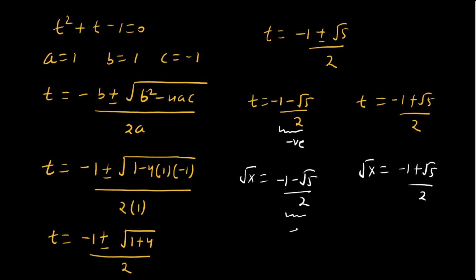Right hand side is negative, and we know that x is a positive number and the square root of a positive number is always positive, and the left hand side is positive. So this case is rejected. And here this is positive and this is positive, so that's why this case is accepted. Here square root of x is equal to minus 1 plus square root of 5 divided by 2.